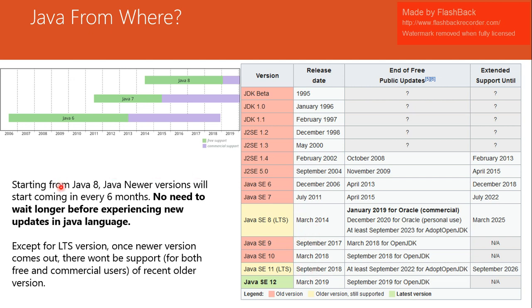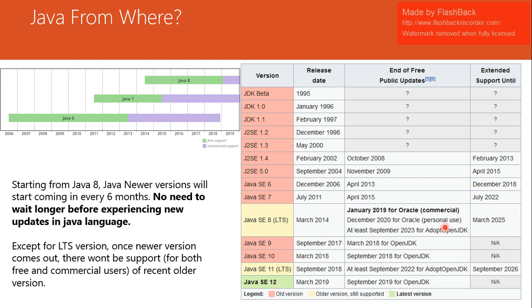So that's why I'm saying that starting from Java 8, newer versions of Java will be coming every 6 months. So no need to wait longer before you experience new updates in Java. This is as a result of the agile methodology that is being used now, whereby every 6 months Oracle would give you newer versions of Java, and whether support will be open or closed for older versions depends on if it is LTS or not.